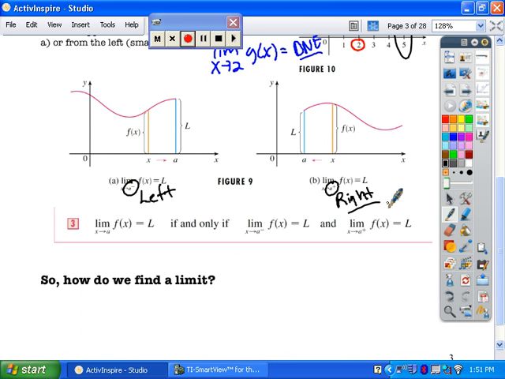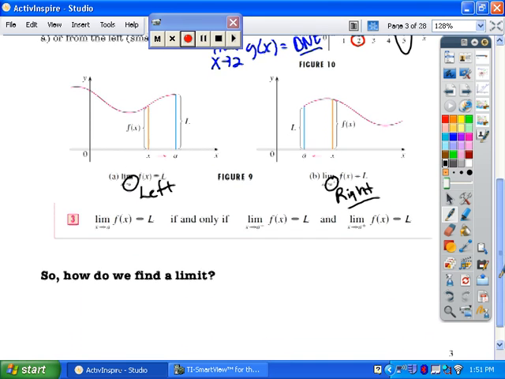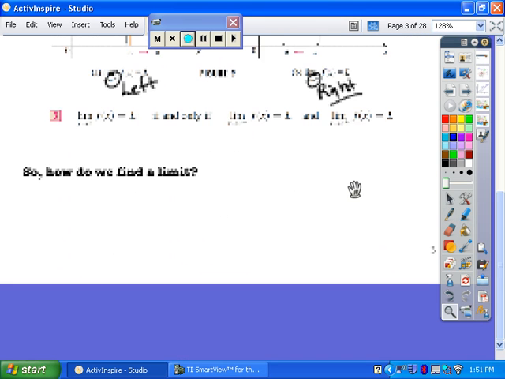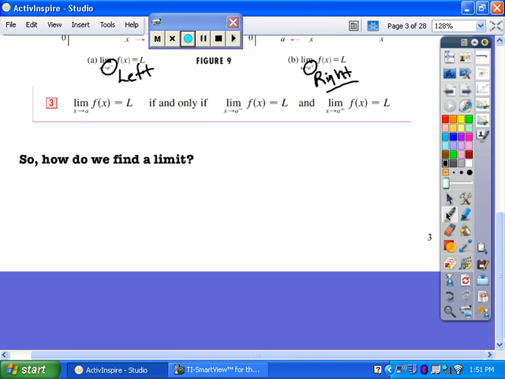Okay, so how do we find a limit? Well, there are a lot of different things that we've used in pre-calc in the past, and I'm just going to list a couple of them right now. What's the first thing you always try to do with a limit before? How about direct substitution?